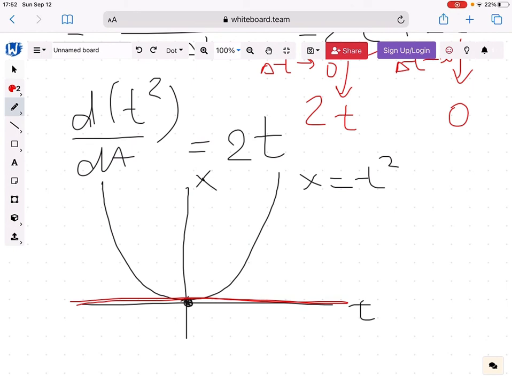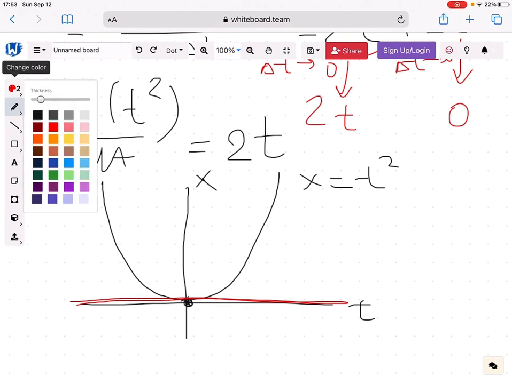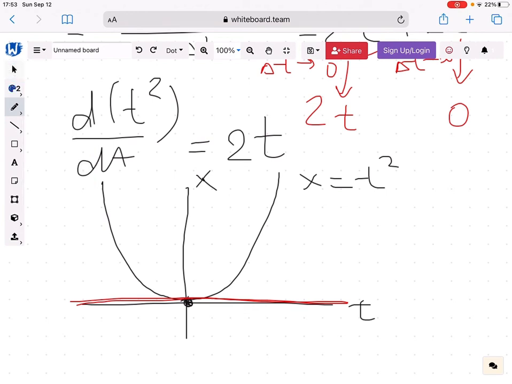Now let's look at t greater than 0. The derivative of t squared is 2t, so for t greater than 0, 2t is greater than 0. The derivative is positive, which means the slope of the tangent line is positive. And if you pick any point for t greater than 0, there's a line that goes up, which fits that description.